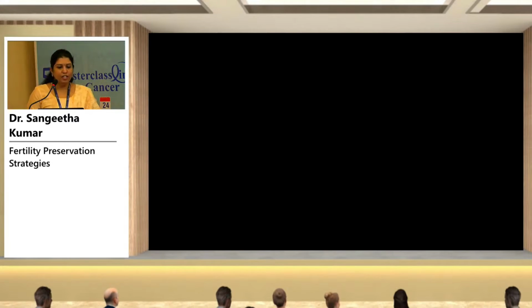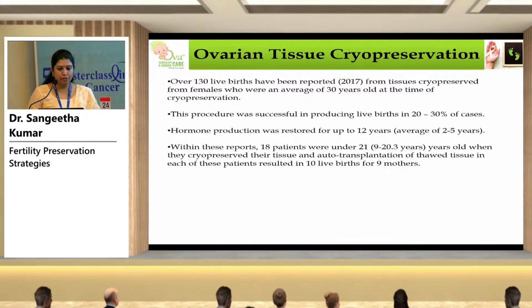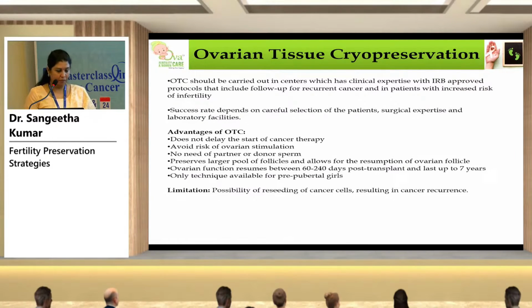In each case, hormonal production has also been restored for up to 12 years, with an average of 2 to 5 years. One study reported 18 patients, girls aged 9 to 20 years, whose tissues were cryopreserved and later auto-transplanted, resulting in 10 live births from 9 mothers.